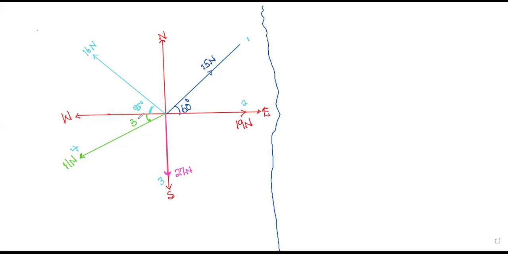This is 30 degrees. So let's choose 15 Newton to be F1. This is F2, F3, F4, then F5 respectively.